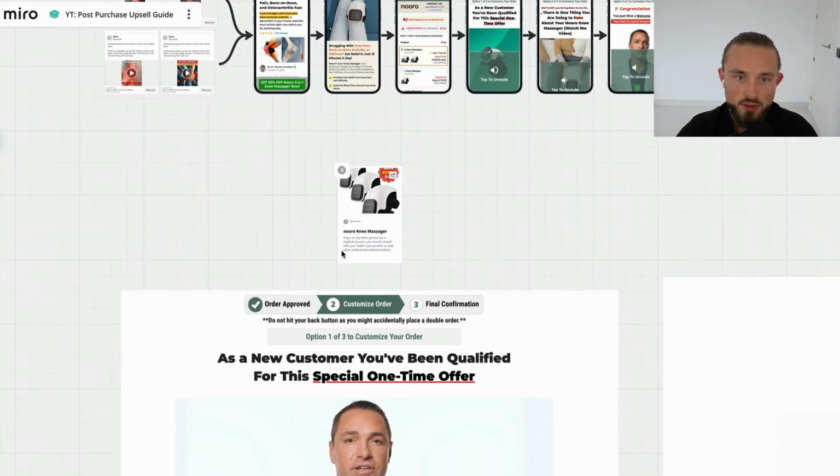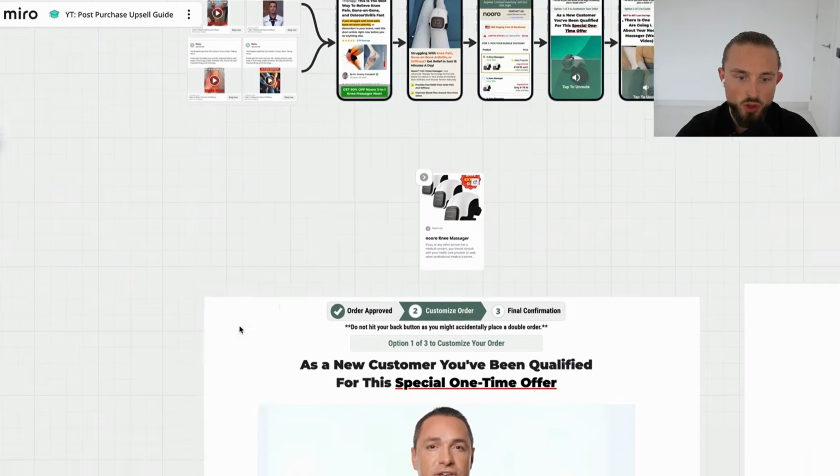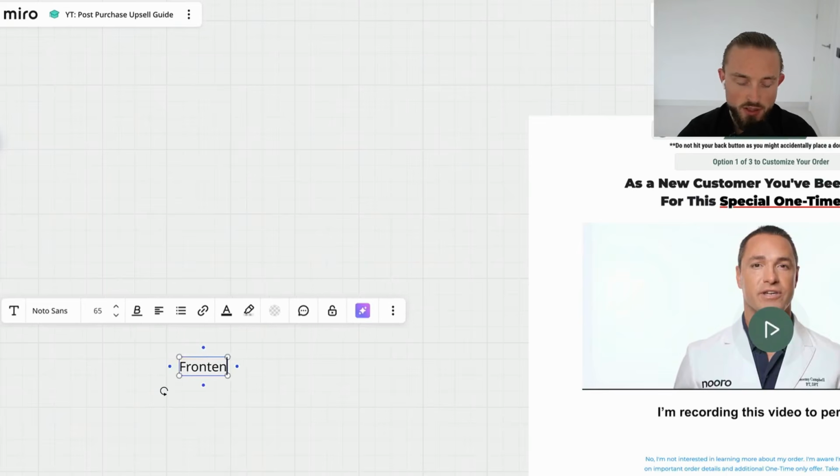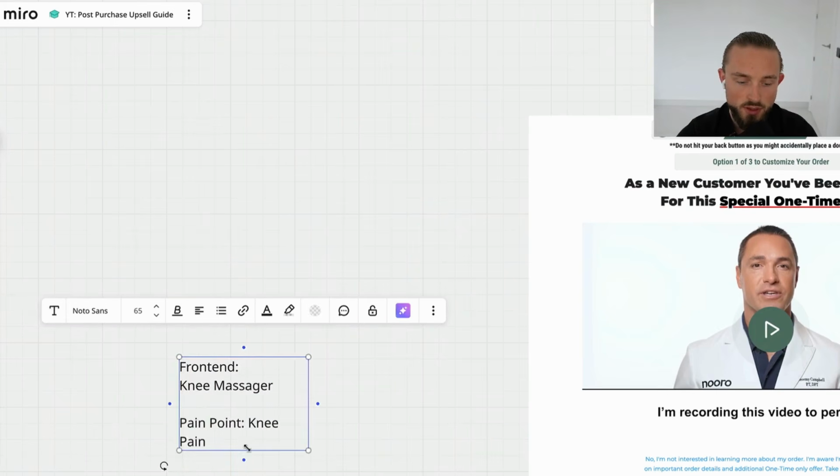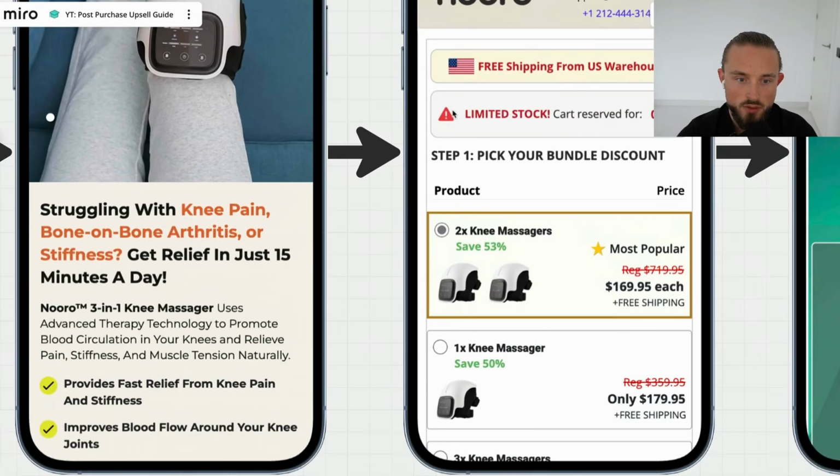Now, the offer that they give you is essentially more of the same, right? So on the front end, let me just write this here. Front end is a knee massager, right? So pain point is essentially knee pain, right? So that's the product that they sell you, as you can see here, right? Knee pain, arthritis, stiffness.